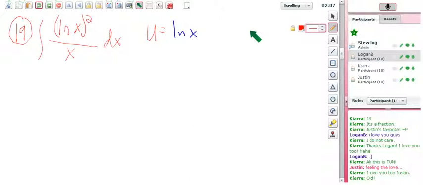Okay, and then what would du be? 1 over what? 1 over x dx.